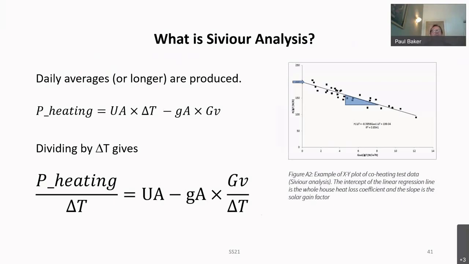And if we divide this through by the temperature difference, we can plot on a simple XY plot the heating power divided by the delta T against the solar radiation divided by the delta T. And the intercept on the y-axis is the UA value, and the slope of the line is the solar gain factor.